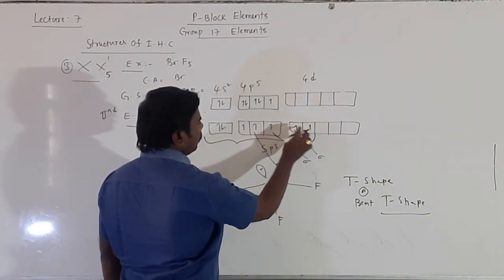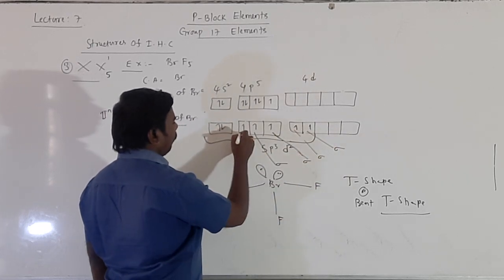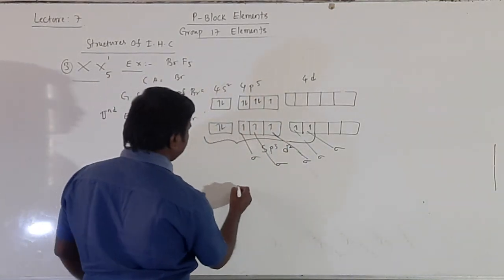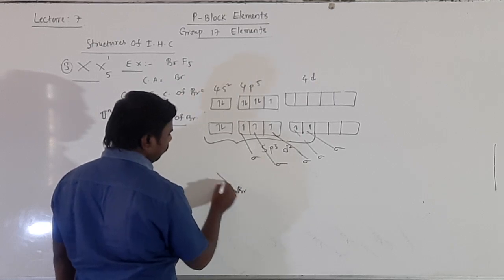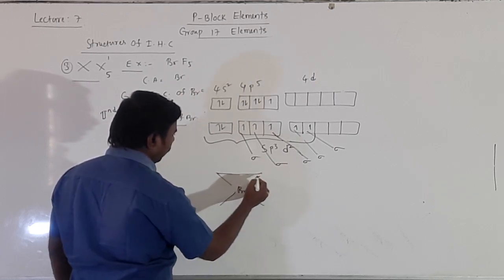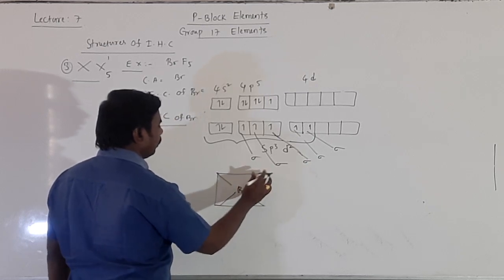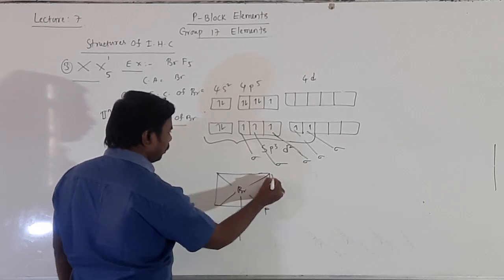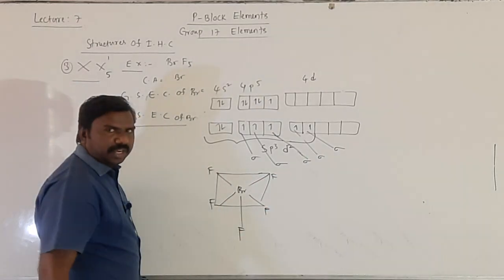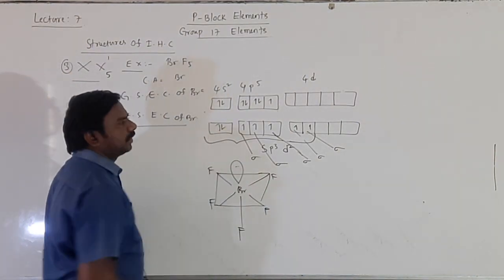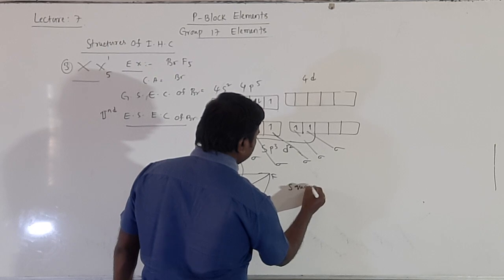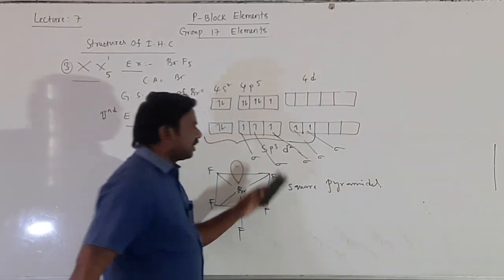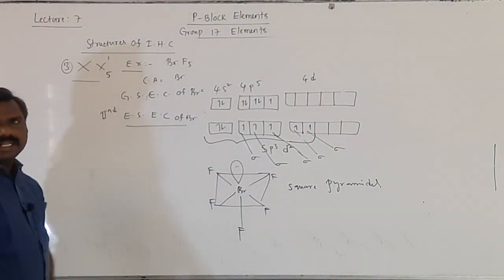Then it forms 5 sigma bonds with 5 fluorines, and 1 lone pair is left. It is square pyramidal shape. Hybridization is sp3d2, second excited state.